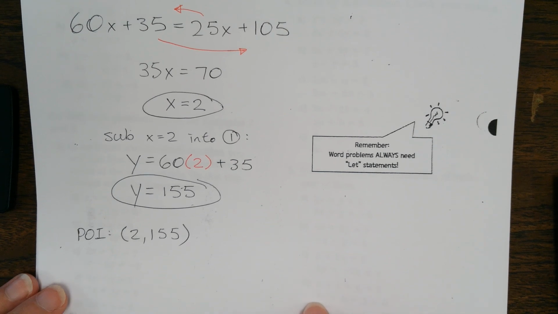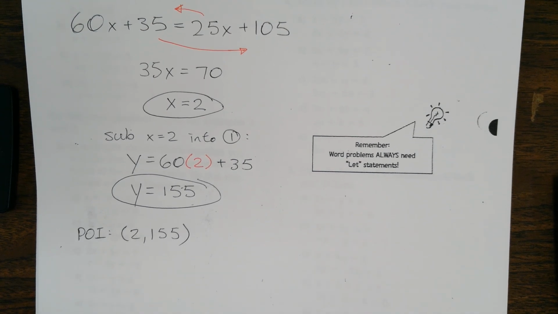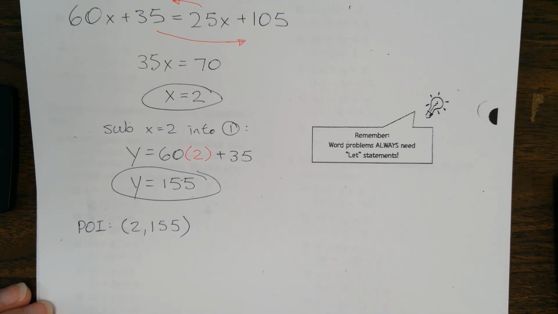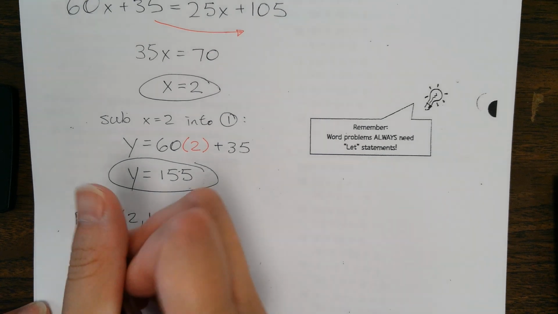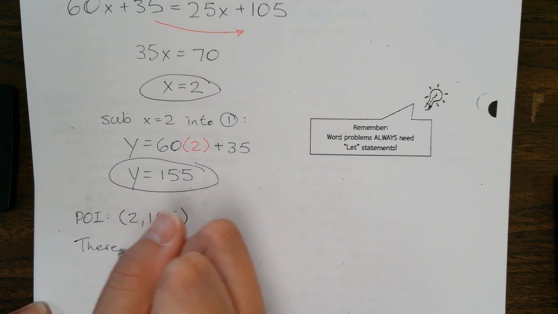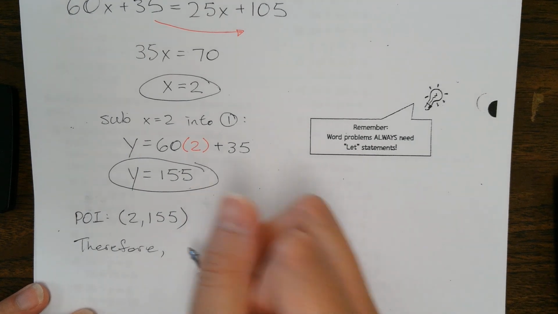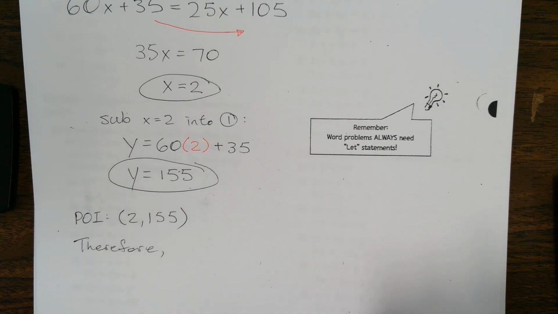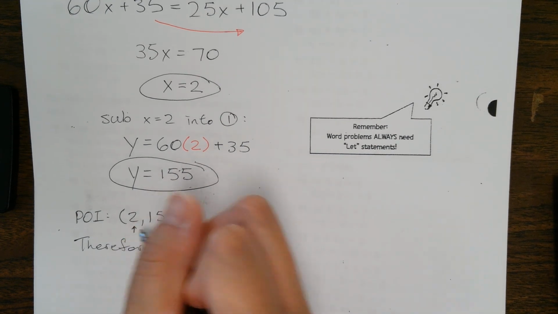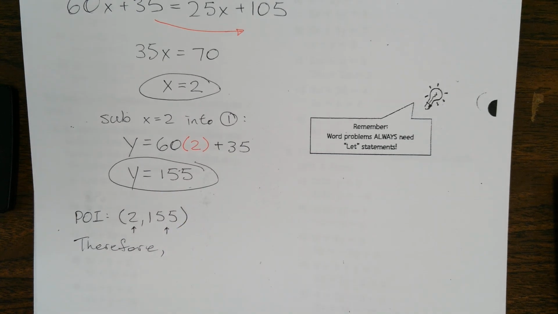And what does that mean in the context of this question? Therefore, Paul? The number of hours worked when the 2 has constant. Okay, but remember what I said yesterday? I want you to include these 2 numbers in your therefore statement.